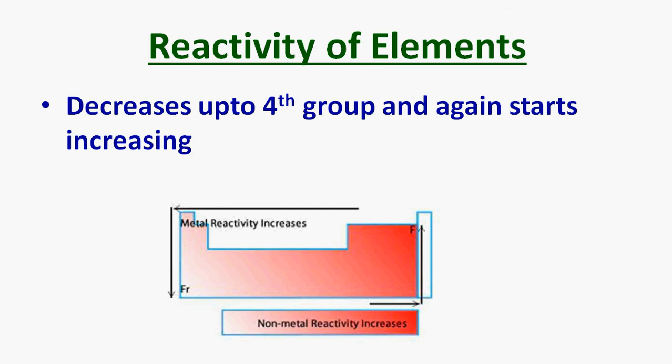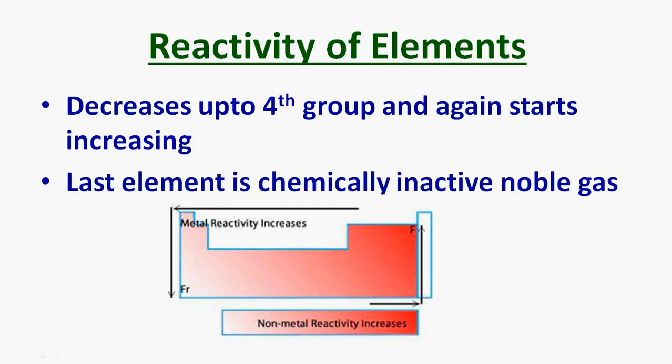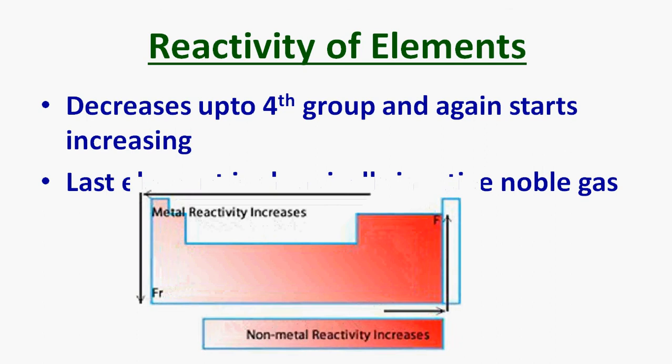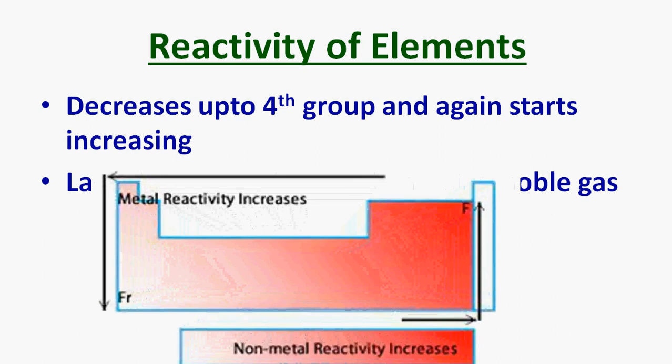Alright, so the last element is again chemically inactive because the outermost shell is full with 8 electrons. So this is what you can see here, that moving from the middle, if we are moving to the left side, metal reactivity increases, and if we are moving on the right side, then non-metal reactivity is increasing.